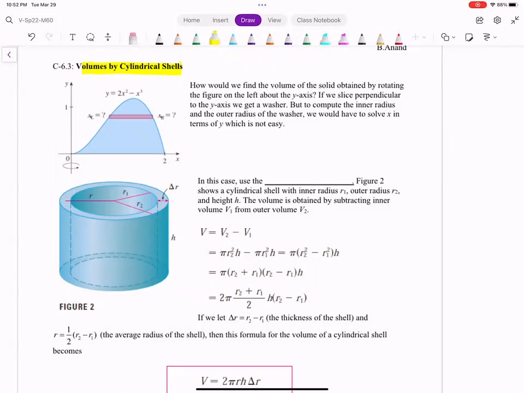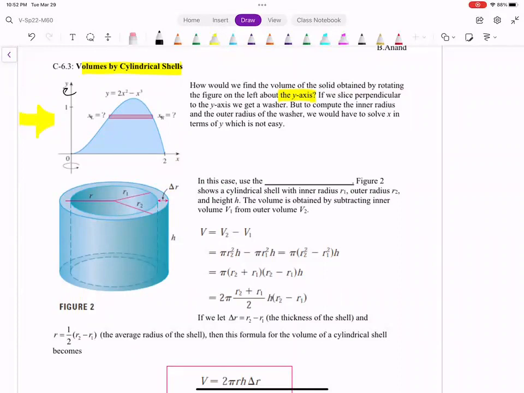So how would we find the volume of the solid obtained by rotating the figure on the left-hand side about the y-axis? Look at the figure that we consider, and we want to rotate this about the y-axis. How do we find the volume? In the earlier section, we said that whenever we have a gap between the region and the axis of rotation, we consider the washer method.